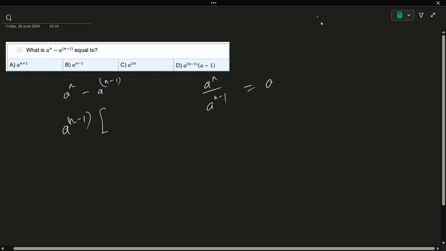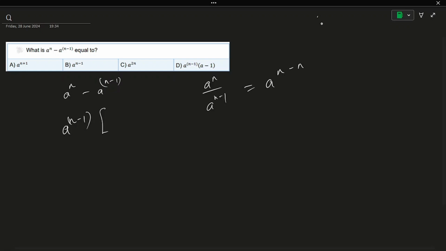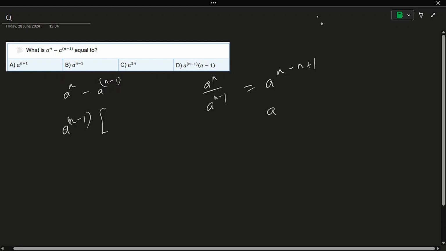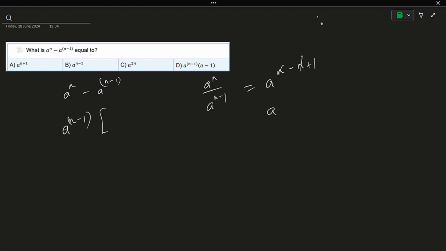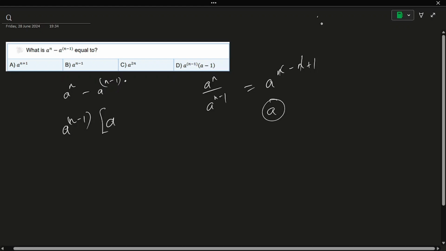Right, this will give us n minus n plus 1 because division means the powers are subtracting. So this is a, and then n and n go. So we'll be left with just a, right? Because it's a to the power of 1, right? So in other words, here we will have a, and this divided by itself, it's just 1. So we're going to have negative 1 here.